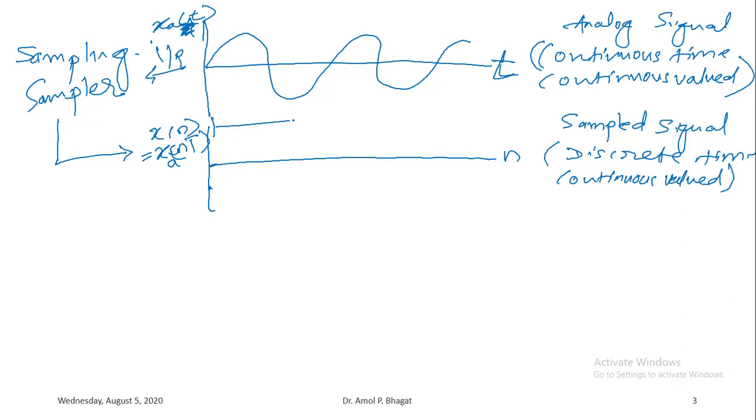But actually, if I want to map this analog signal to its sampled version, the output of the sampler will be represented like this.